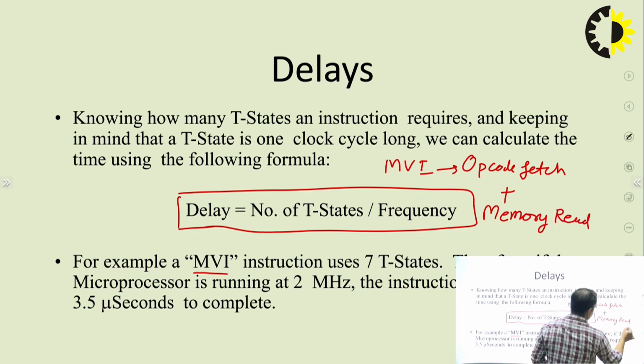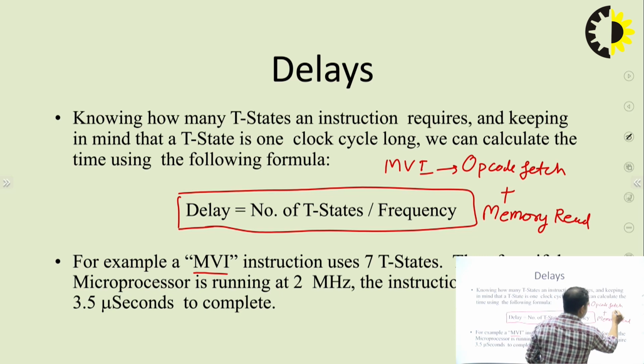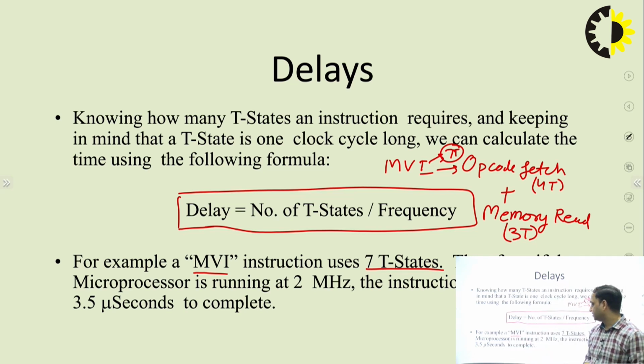So these two machine cycles are required to execute MVI. Opcode fetch requires 4 T states and memory read requires 3 T states. When we combine these, MVI requires 7 T states.